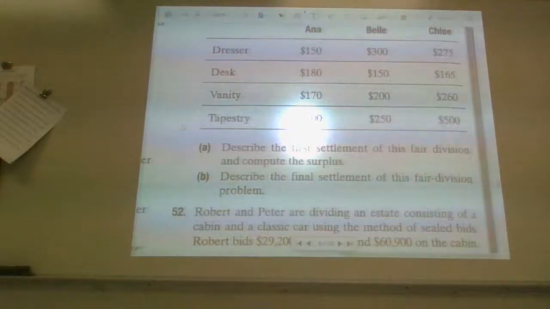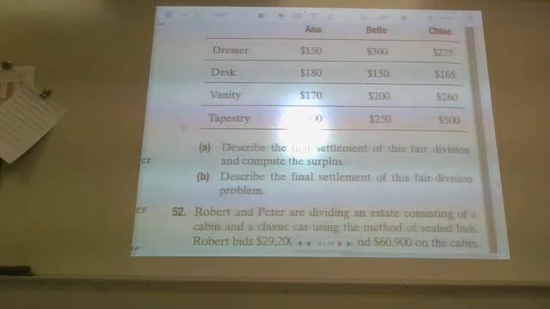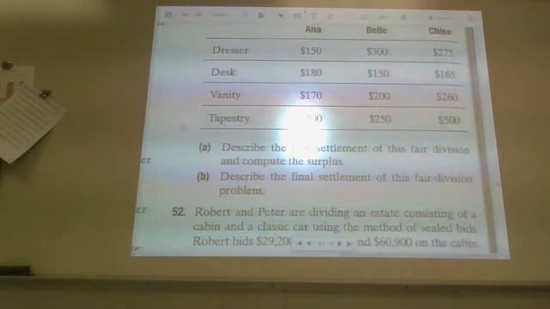Some of these items may have sentimental value. I'll give you an example. My grandmother died in about 2006, and when she died, one of my older sisters was adamant that the only thing she wanted was a typewriter from her apartment in Brooklyn.